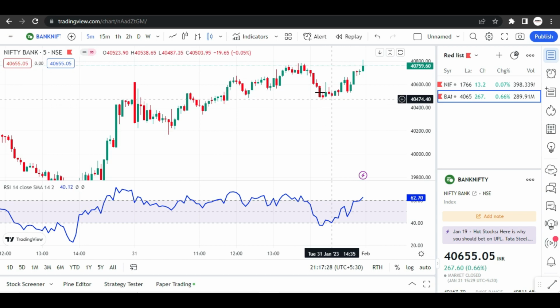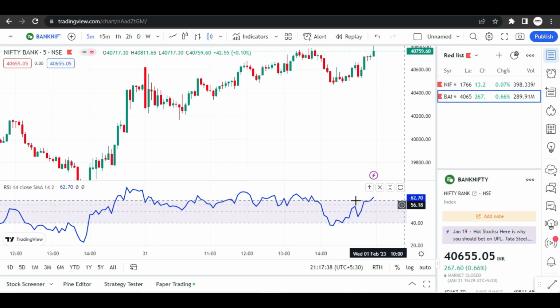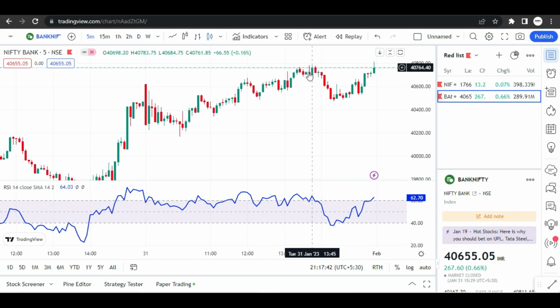So this is one way people use this as a support, and people use 60 as a resistance. Once it starts taking resistance at the 60 level, you can look for a short sell. Once this small green candle low is taken by this red candle, you can look for entry and put your potential stop loss one tick above the previous red candle high.